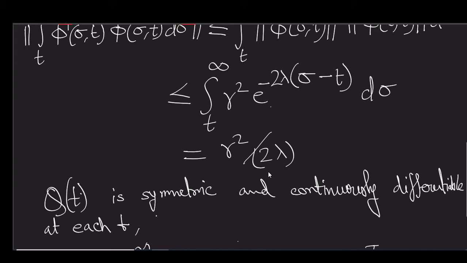Now this calculation we can use to define rho in equation number 9 of the previous video. Since our Q t is clearly symmetric. Why is Q t symmetric?